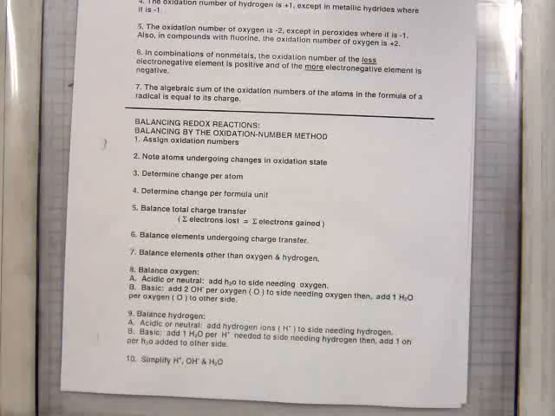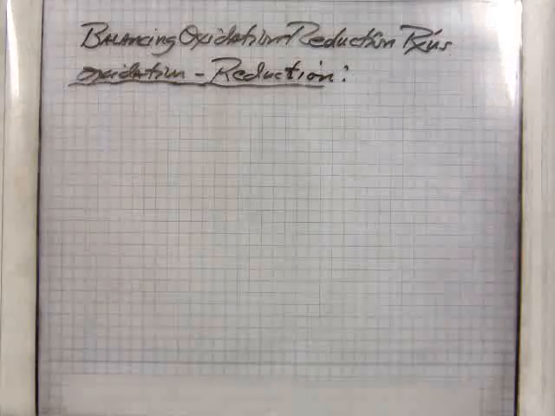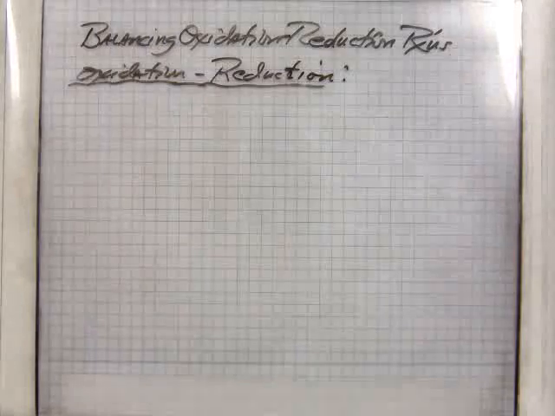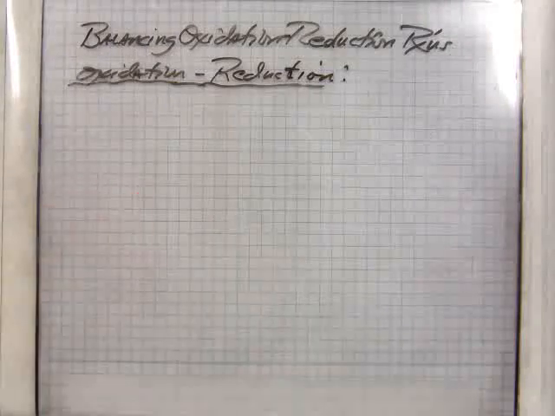However, it doesn't apply to all of the reactions, so it has a limitation in how many is available. Oxidation is the process of losing electrons, and reduction is the process of gaining electrons.